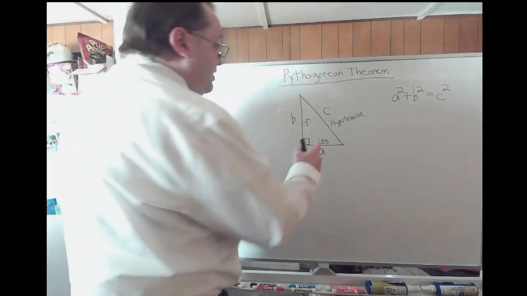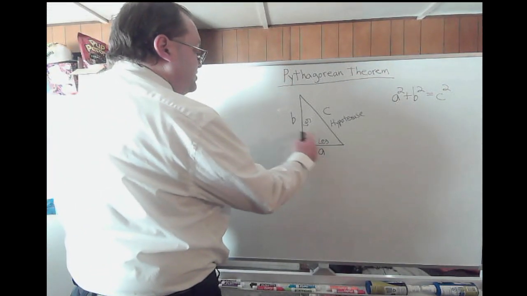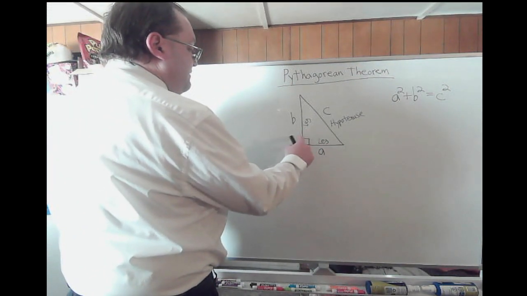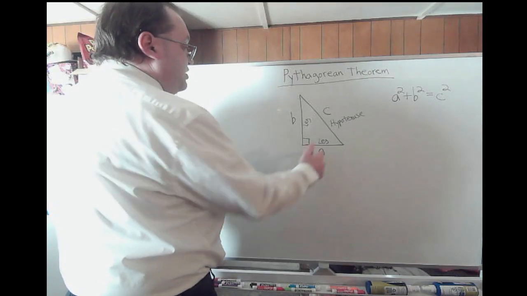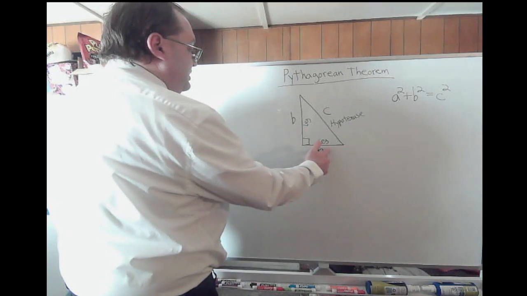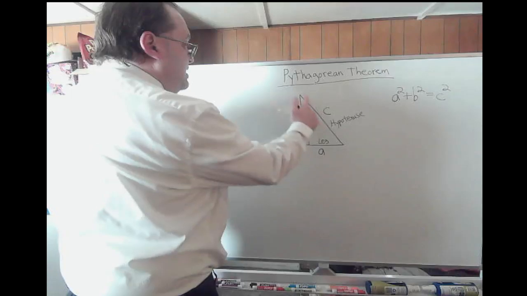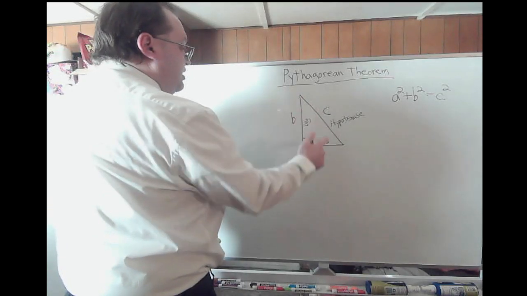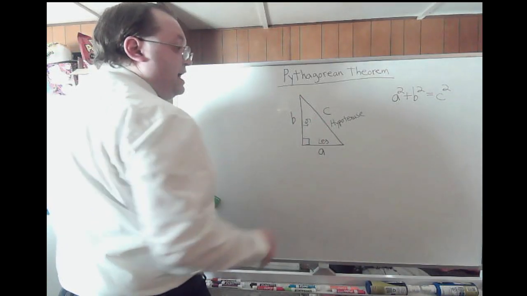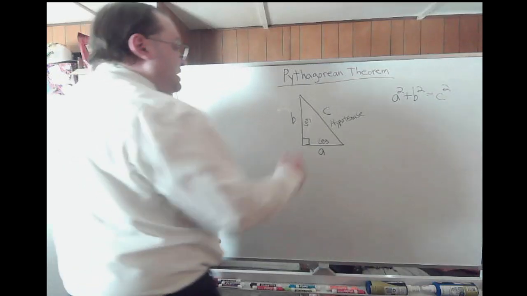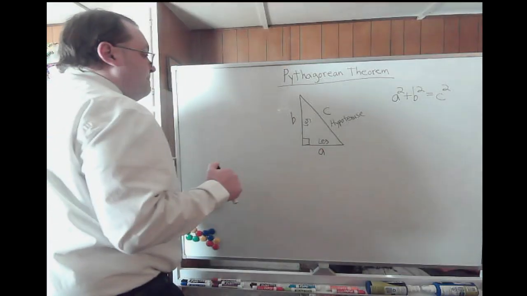So of course in a right triangle, the first two sides that form the right angle, they're called the legs. You have one leg and another leg. The slanted side directly across from the right angle is called the hypotenuse. That's what the slanted side is called.